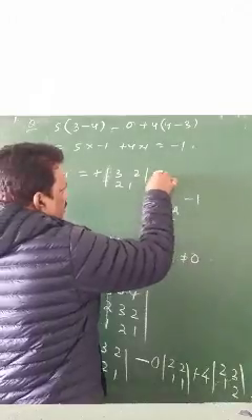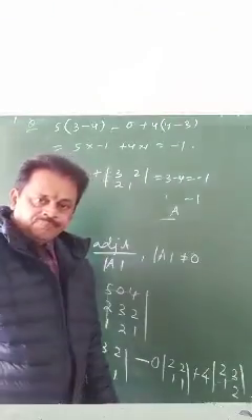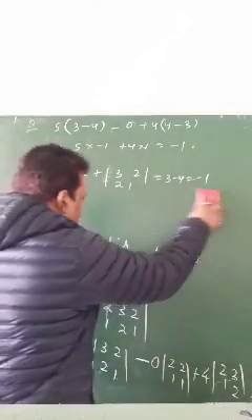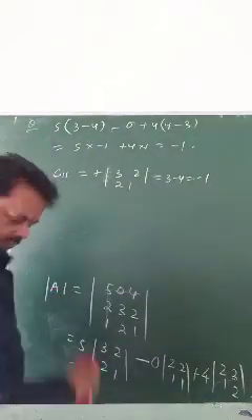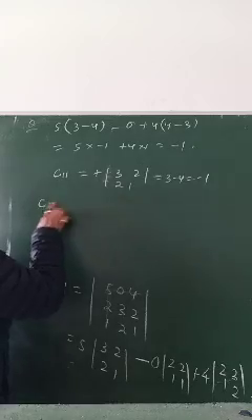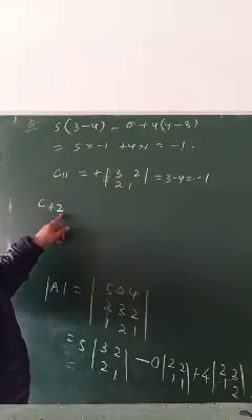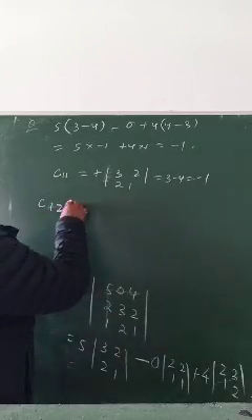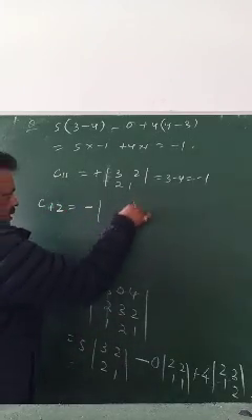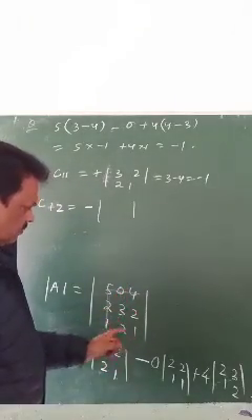How much did you get? 3 minus 4, that is minus 1. Then you have to find C12. 1 2 means this place. Sum of these two is odd, so negative. Minor, forget these two: 2 2, 1 1.